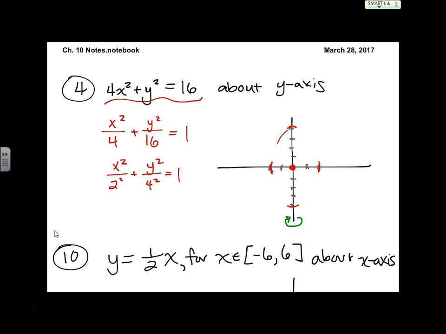If we spin a vertically oriented ellipse around its vertical axis, is that around its major or around its minor? Around its major. So what type of ellipsoid should this make? A prolate, because it's around the major. If you think about the spin, shouldn't you be able to show me that prolate?